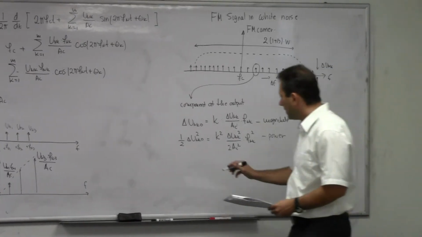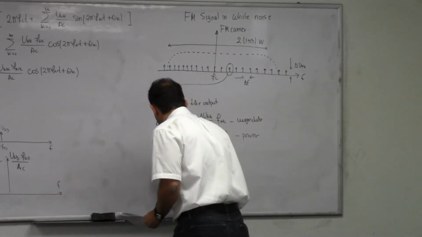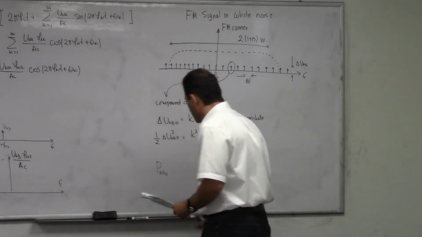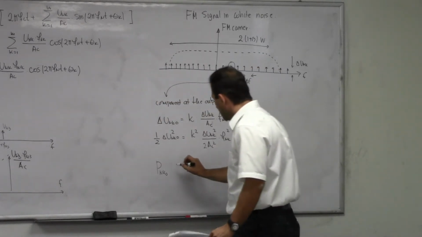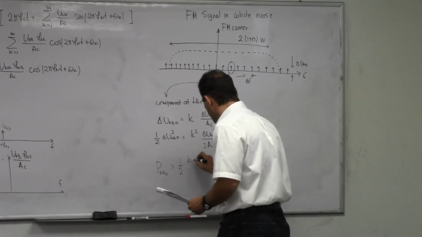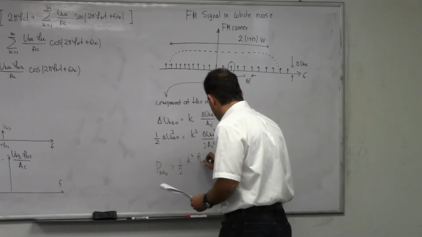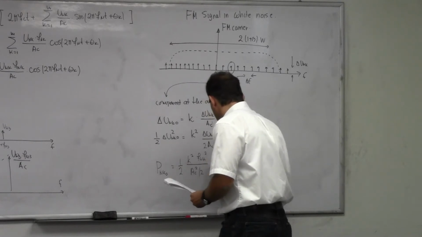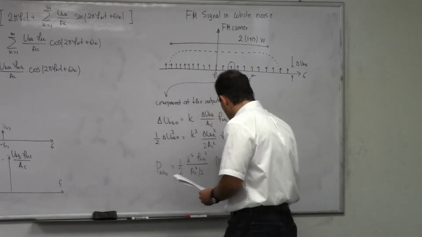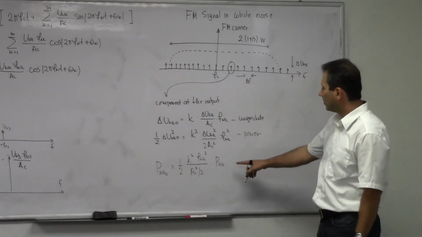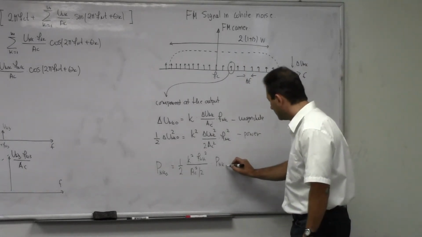So I can now say the power of the K component of the noise at the output is going to be 1/2 K squared F and K squared divided by AC squared over 2 times the power of the same component at the input.